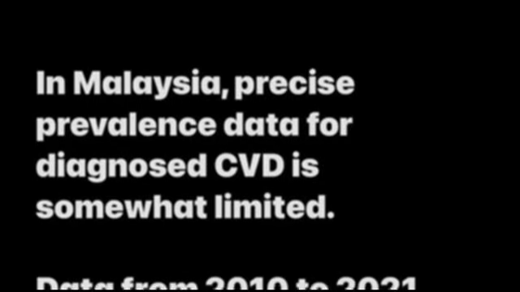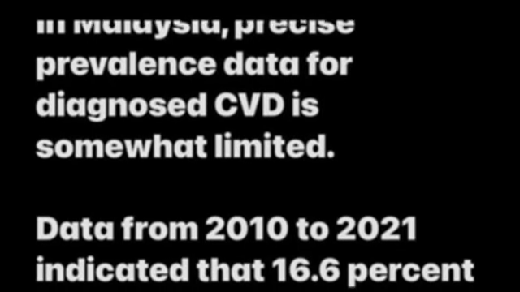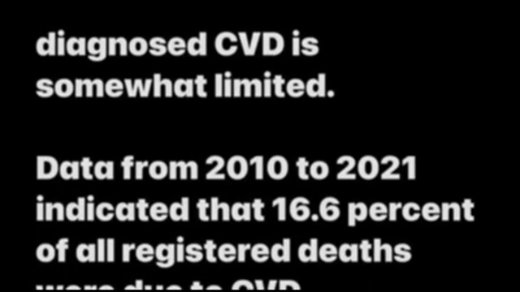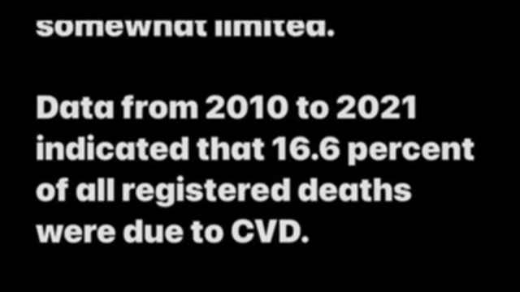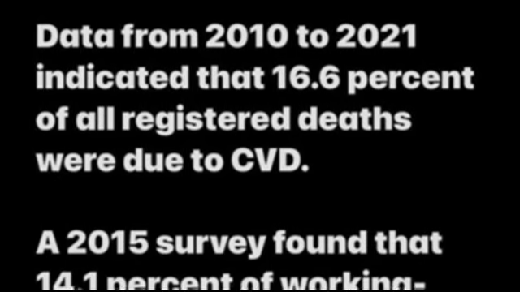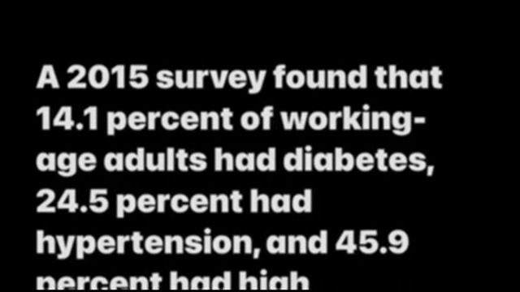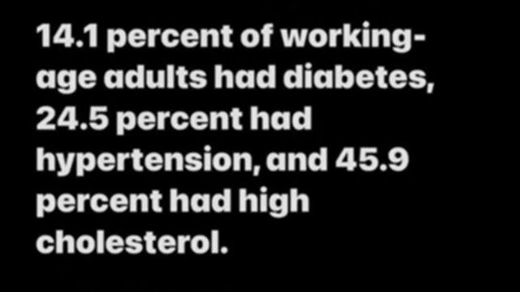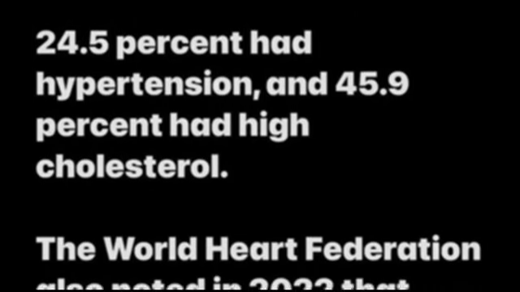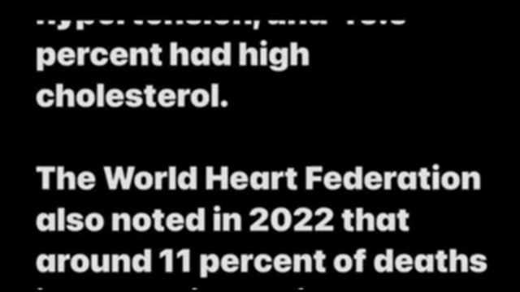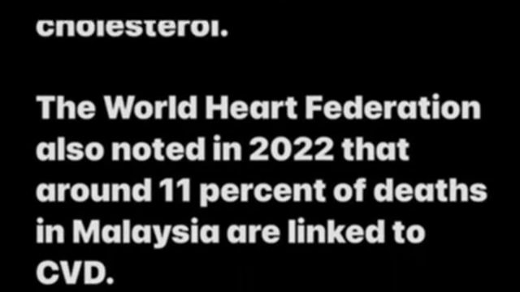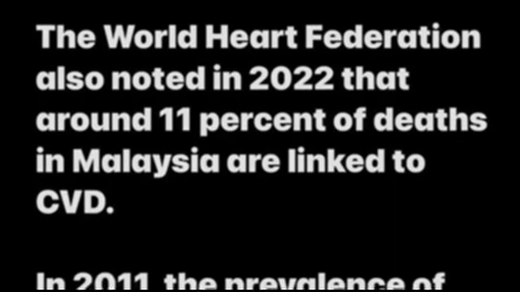Data from 2010 to 2021 indicated that 16.6% of all registered deaths were due to CVD. A 2015 survey found that 14.1% of working-age adults had diabetes, 24.5% had hypertension, and 45.9% had high cholesterol. The World Heart Federation also noted in 2022 that around 11% of deaths in Malaysia are linked to CVD.